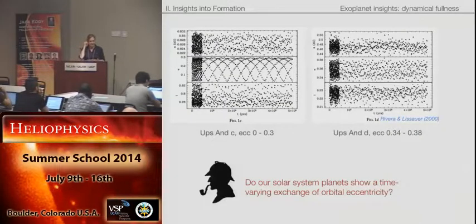Okay, so now there's more pictures of oscillations. So now Sherlock is here. Let me ask you, do our solar system planets show changes in eccentricity? Are we in a packed planetary configuration? Earth shows.